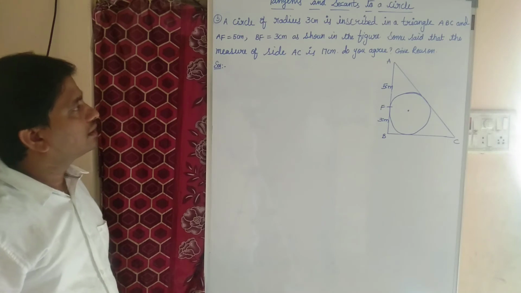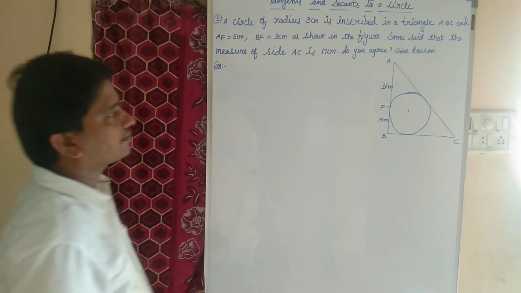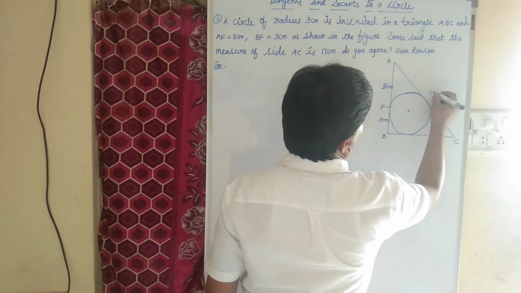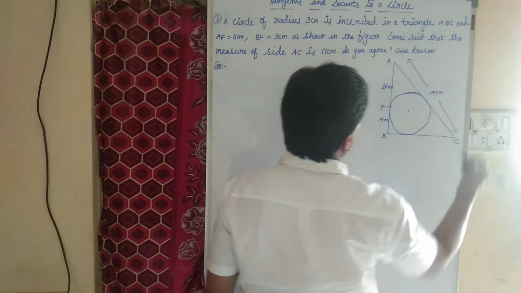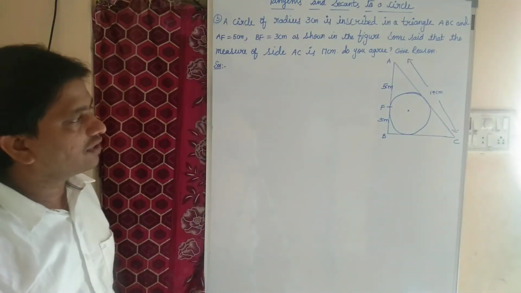Somu said that the length of the side AC is 17 centimeter. Do you agree? Give reasons.